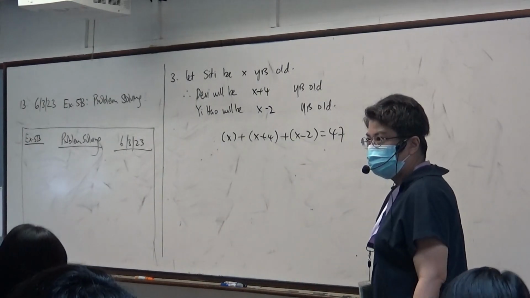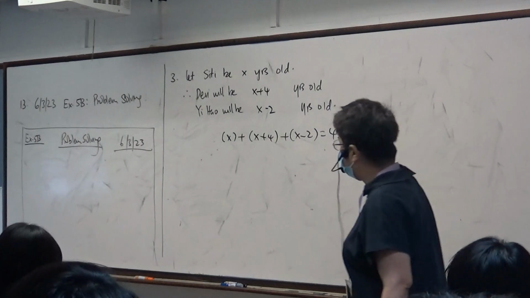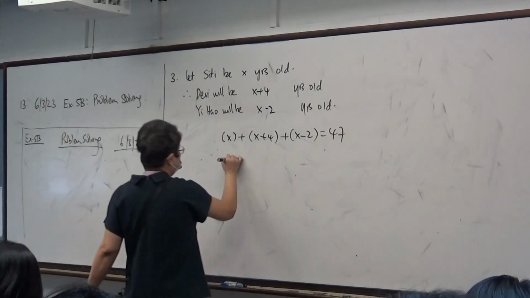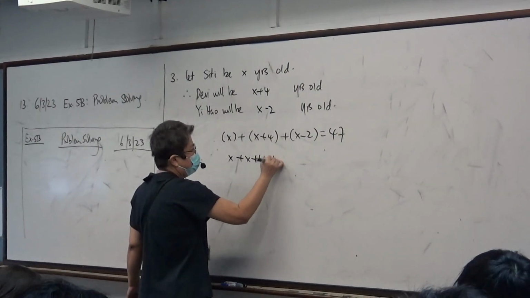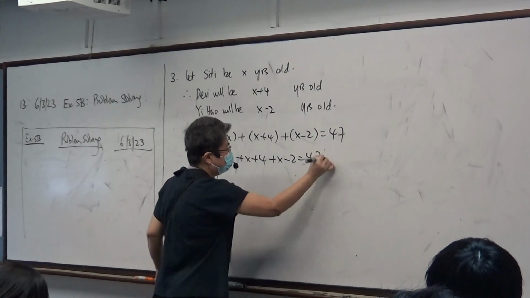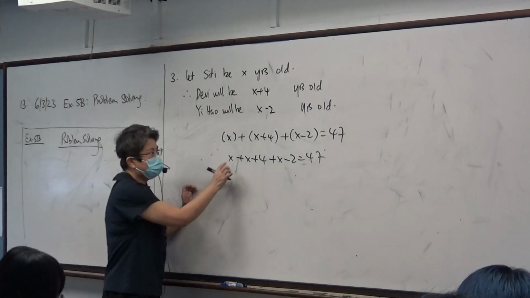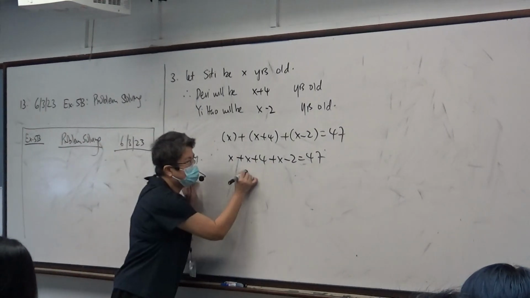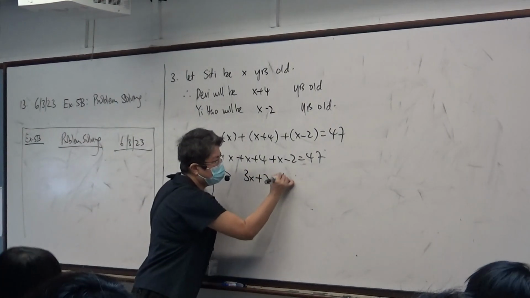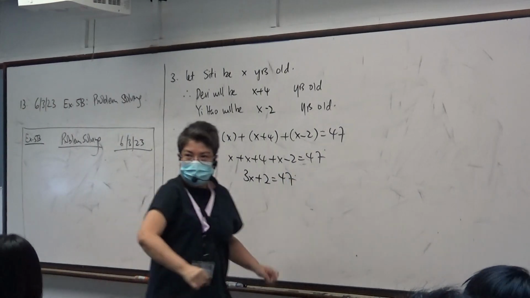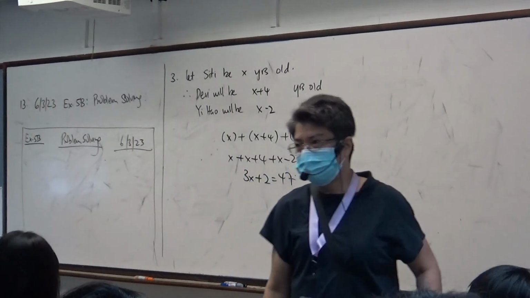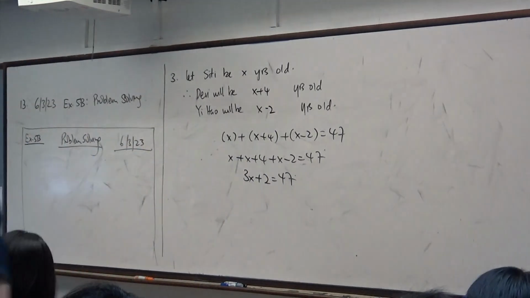I'm going to remove the brackets. X plus 4 plus x minus 2 is 47. How many x? X plus x, 3x? 3x plus 2 is 47. Okay, can you solve for me first?